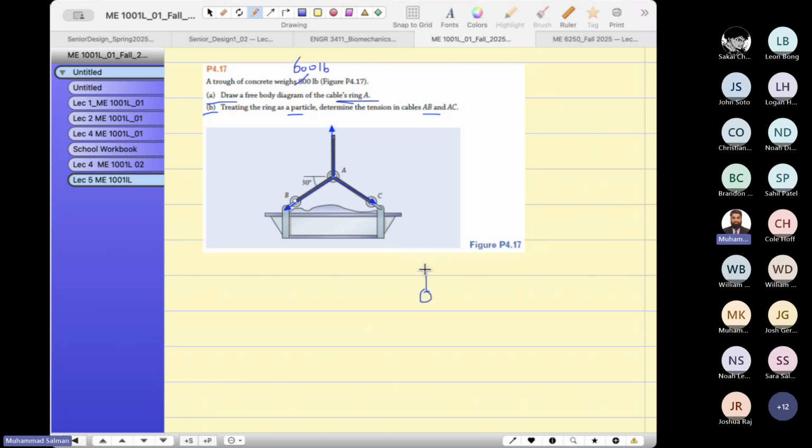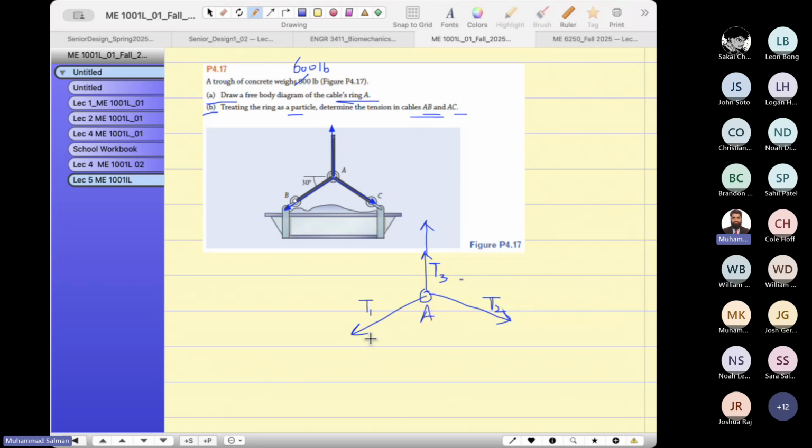I would say this is tension here, this is tension here, this is tension here. It is asking you to find the tension in the cables AB and AC.